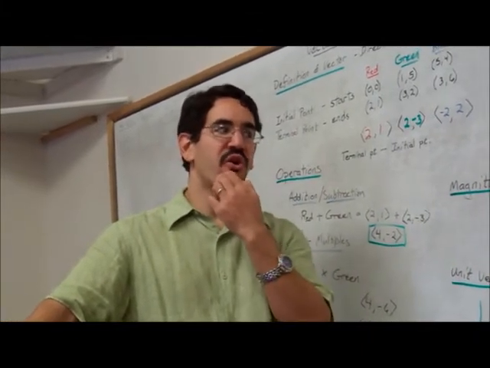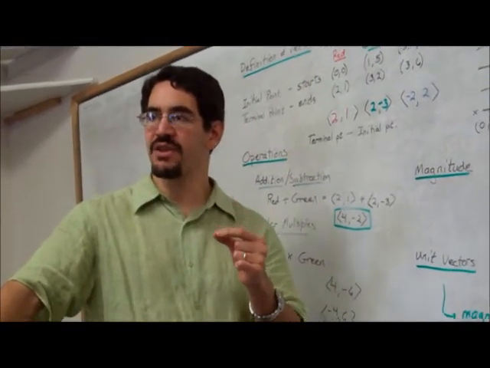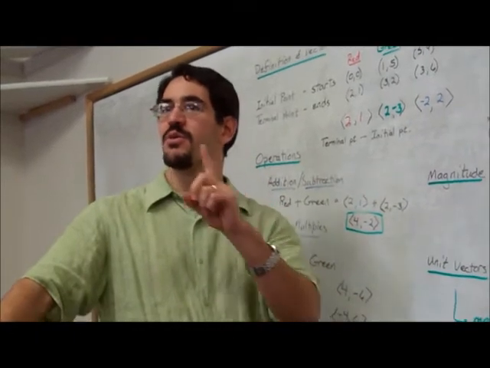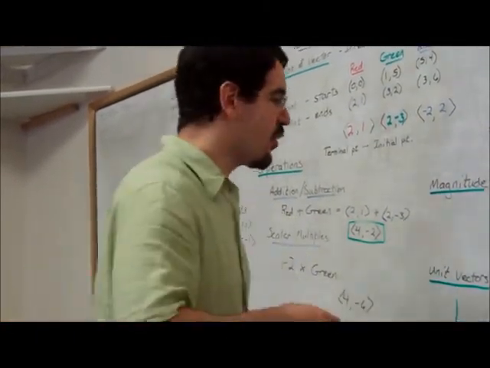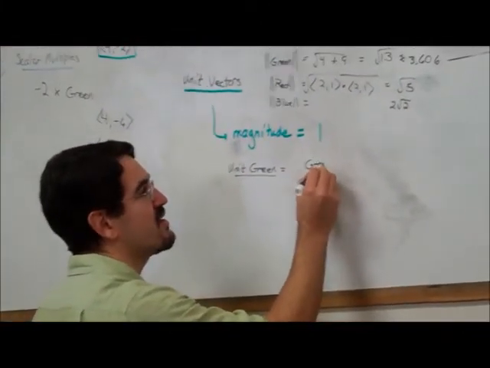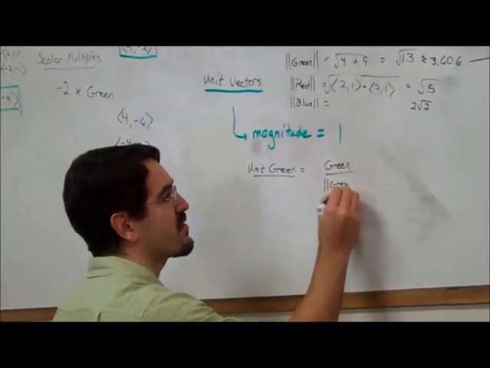Okay, 1. So if you divide a vector by its own magnitude, what magnitude will you get? 1. Make sense? So really, the unit green would be this. You take the green vector and you divide it by the magnitude of the green vector.